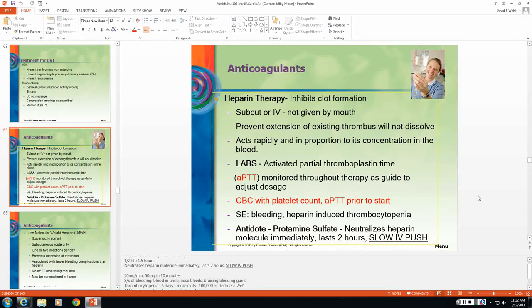It neutralizes the heparin molecule immediately, lasts about 2 hours. You're going to push about 20 milligrams a minute, 50 milligrams in 10 minutes, and it's a slow IV push.